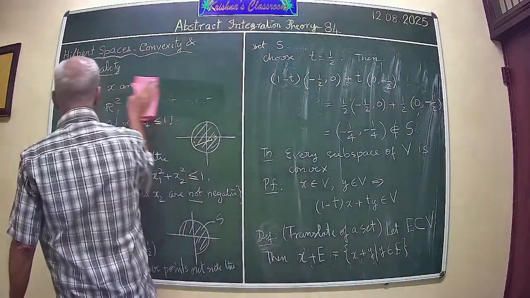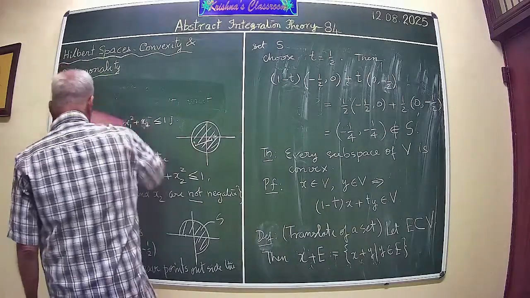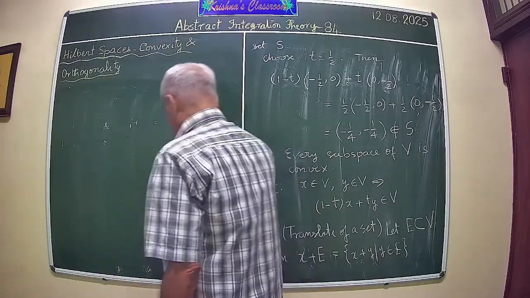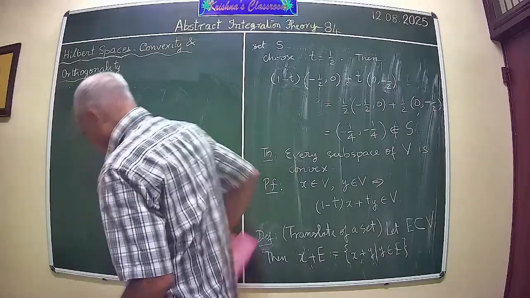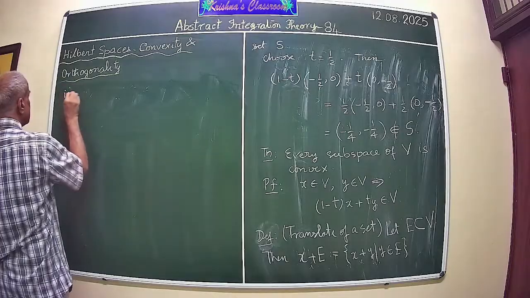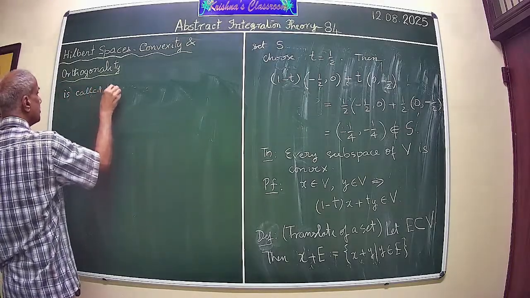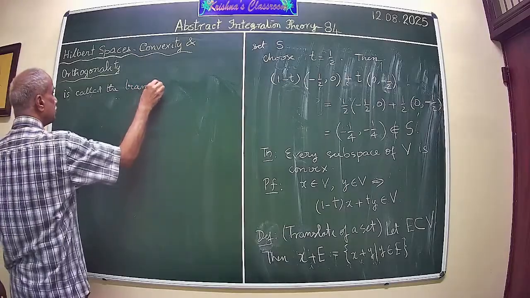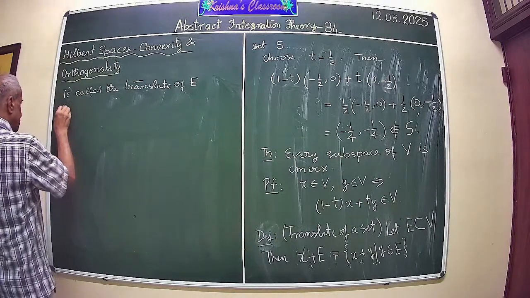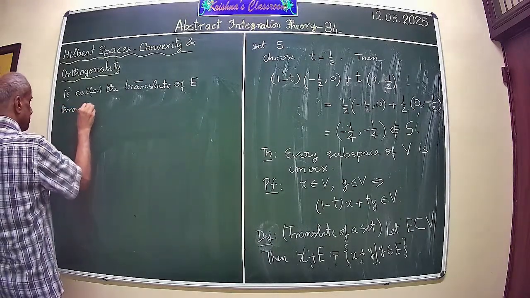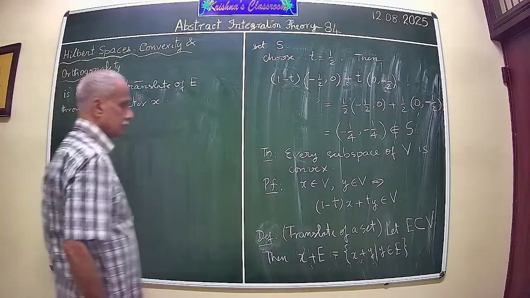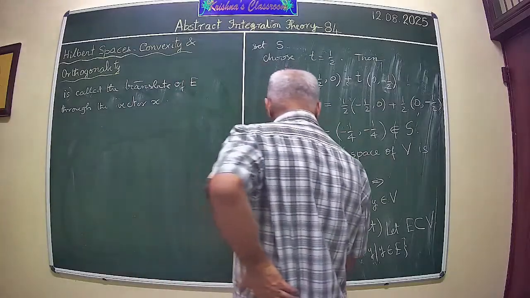This is called the translate of E through the vector x. It is denoted by x plus E. This is the definition.